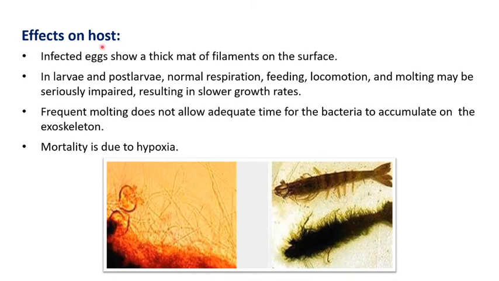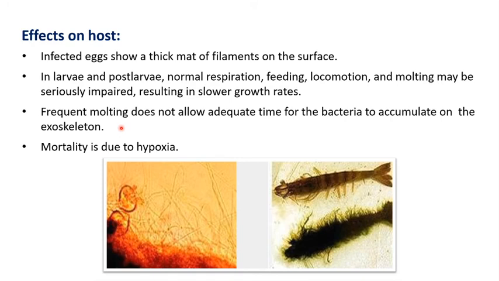Effects on host. Infected eggs show a thick mat of filaments on the surface. In larvae and post-larvae, normal respiration, feeding, locomotion and molting may be seriously impaired, resulting in slower growth rates. Frequent molting does not allow adequate time for the bacteria to accumulate on the exoskeleton.